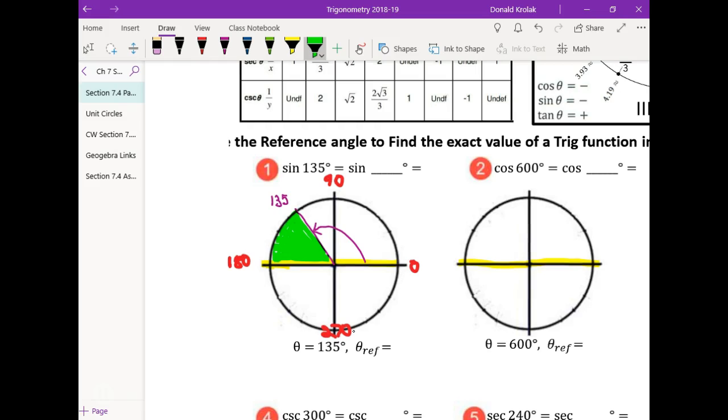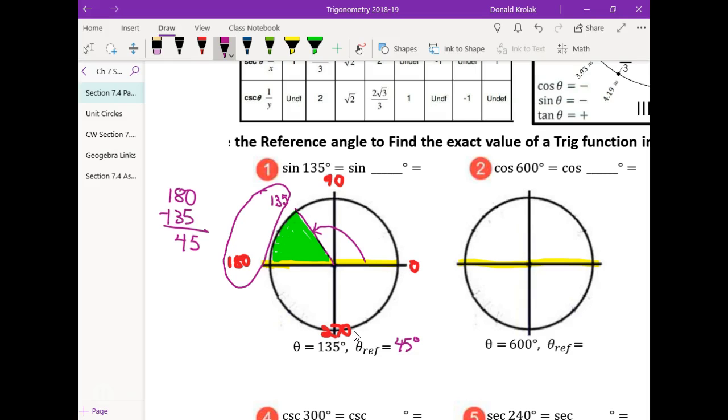And we want to figure out what's the reference angle that we use for 135. Okay, Hiram? How are we going to get the reference angle for that? Yep. So we got to find the difference between these two numbers here. Okay, so we know our reference angle is 45 degrees.